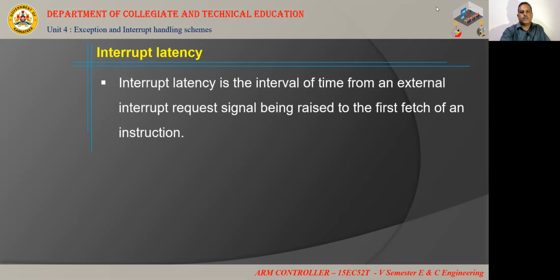Next, let us understand what is interrupt latency. Interrupt latency is the interval of time from an external interrupt signal being raised to the fetch of the first instruction from the exception handler.